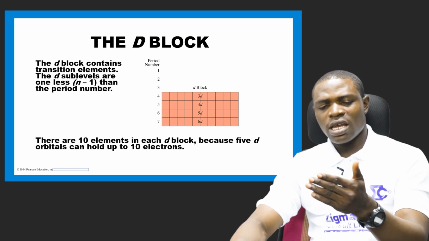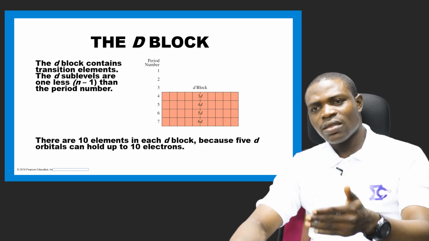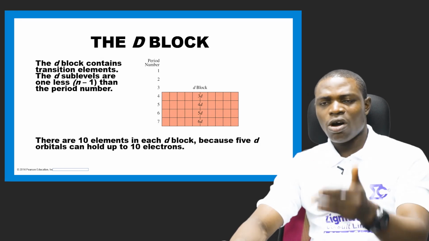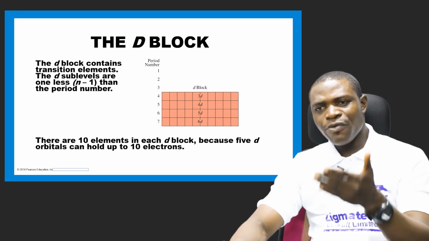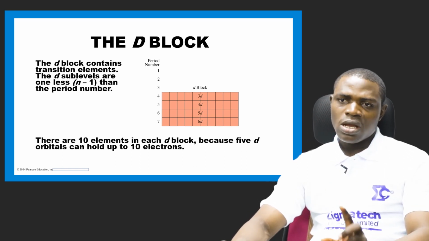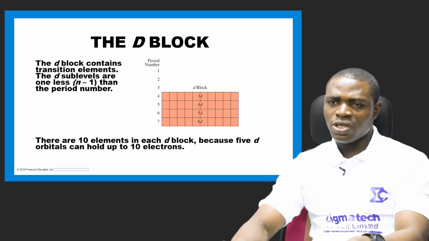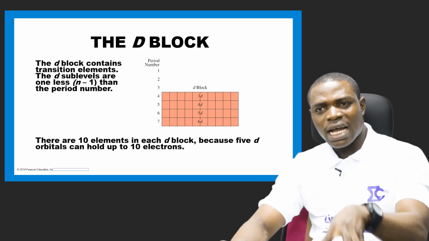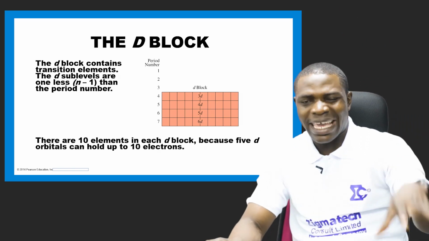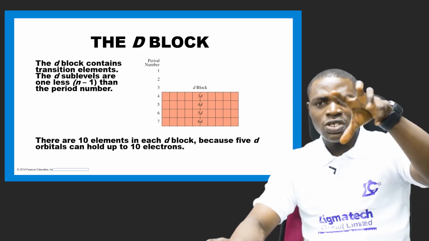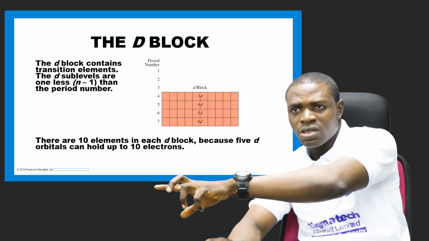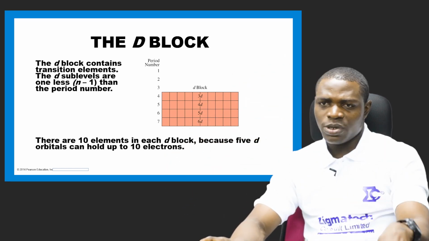Now, like I said, the D block contains a maximum of 10 electrons in its orbital. Take for instance carbon, whose atomic number is 6. If you want to write the electronic configuration of carbon, you need to start from S. When you're done with the S orbital, go to the P orbital. When you're done, you come to the D orbital.